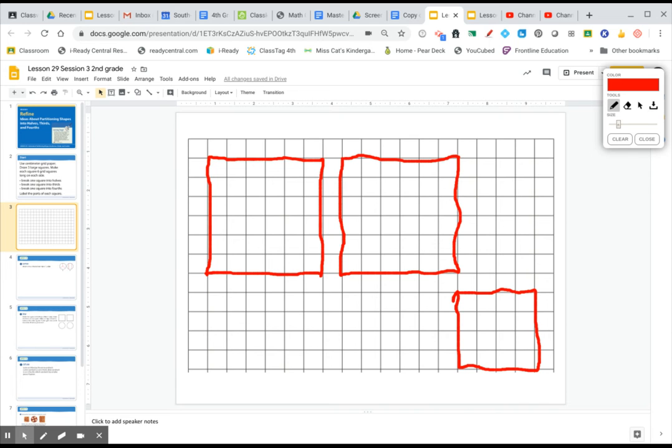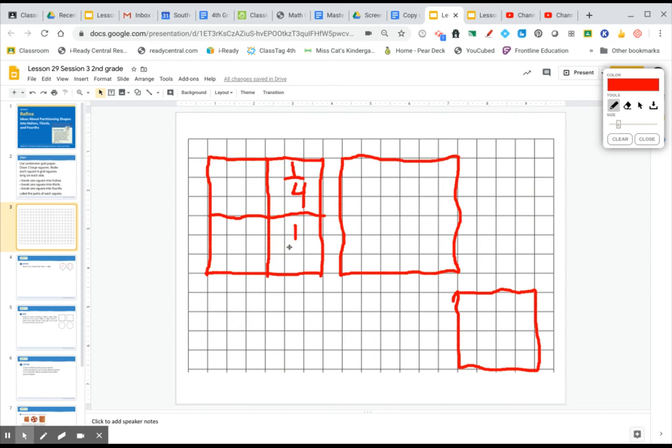I will say the nice thing about grid paper, if you have it, we've talked a lot about equal parts. So if you have divided the square into equal parts, and let's say you worked on the fourths, I can divide this into fourths here and fourths this way. And it did say to label each of our parts, so we better do that. This is 1/4 of the square.